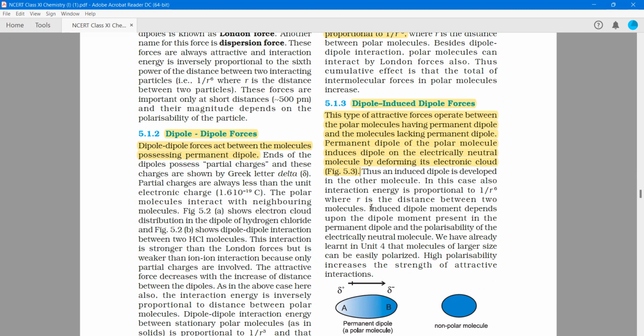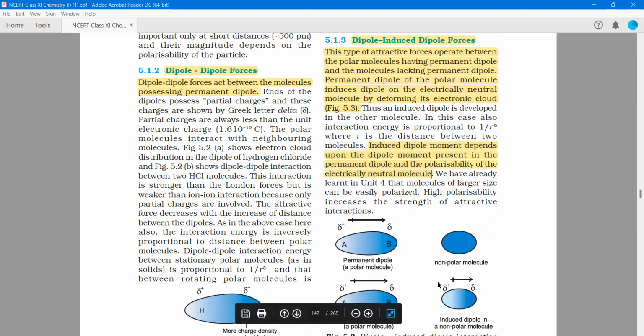Now, induced dipole moment depends upon the dipole moment present in the permanent dipole and the polarizability of the electronically neutral molecule. So whether it is delta positive or delta negative will depend upon the permanent dipole moment of the molecule. We have already learned that molecules of larger size can be easily polarized. Let me explain this.